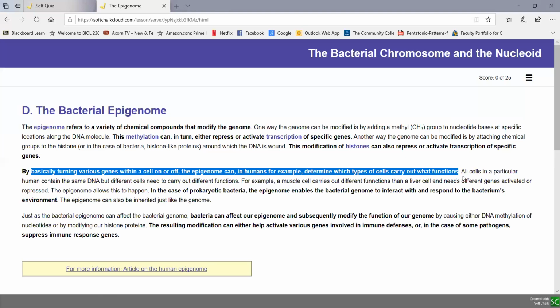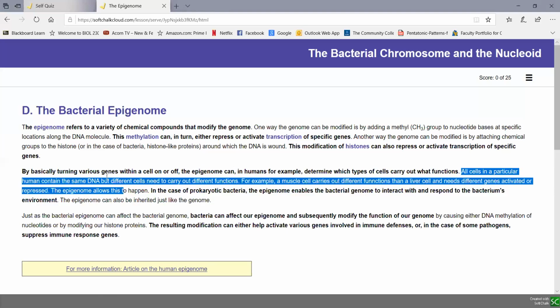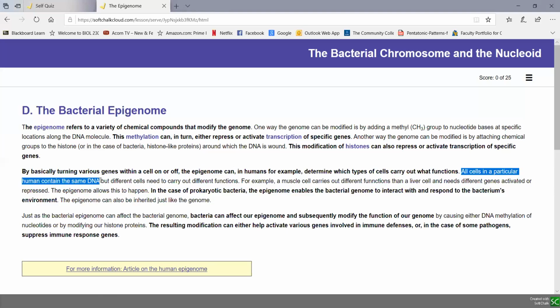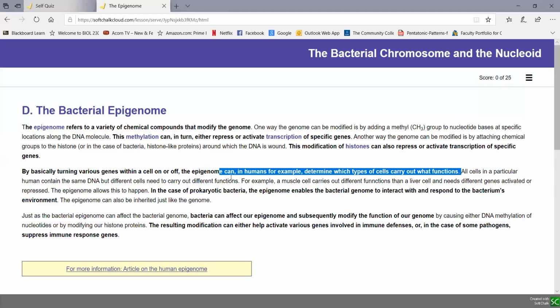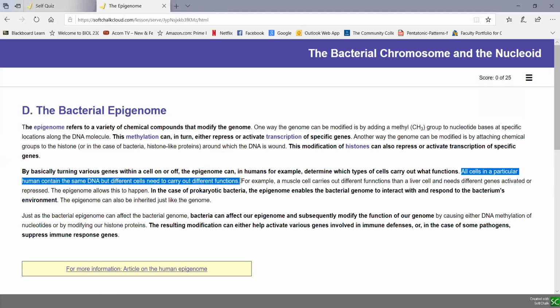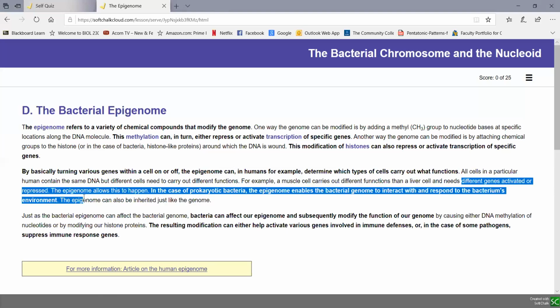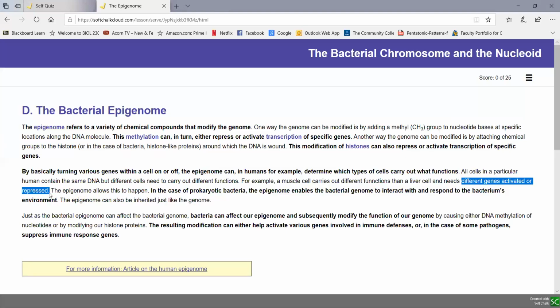So remember, all cells in the human body contain the same DNA. But different cells need to carry out different biochemical functions. So of course a muscle cell is going to be carrying out different functions than a liver cell. And to function as a liver cell, it needs different genes activated or different genes repressed. And it's the epigenome that allows that to happen.